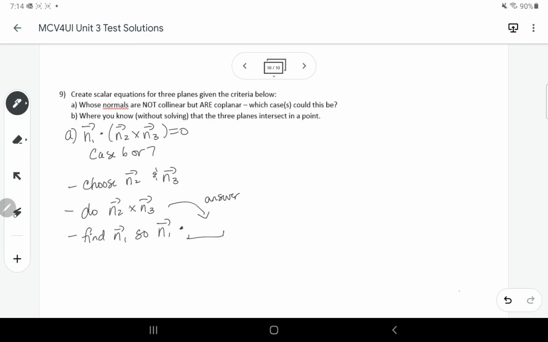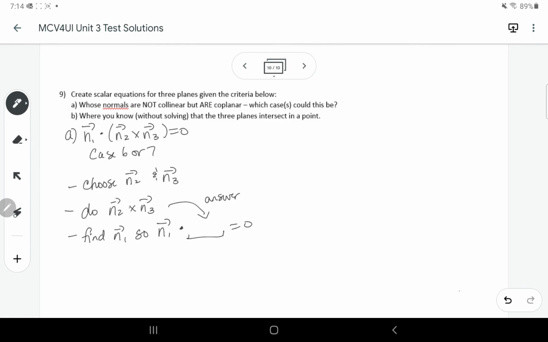So that will go back and be kind of similar to that previous question, question number 4, where you had to find things that would be perpendicular. So where the dot product of the direction vectors would equal 0 with the normal, similar to question number 4. Okay, so you can pick any 2 normal vectors for n2 and n3.